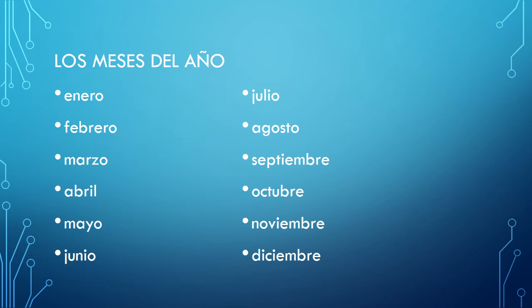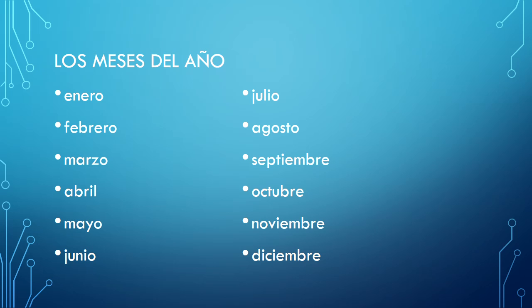So they're all pretty close. The only problems that sometimes people will have is with the spelling on some of them from August to December, because we changed the letters a little bit. So you'll see someone will write Augusto with a U. It's not a U, it's Agosto with an O. And the same thing for October, it is a U. So it's Octubre, not Octobre.